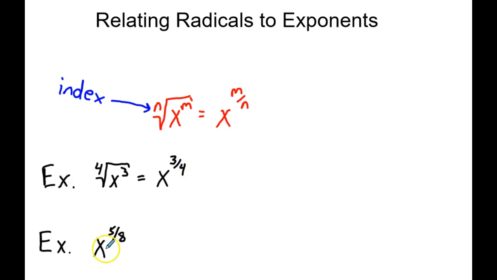Now in the second example, we have a fractional exponent. We want to rewrite this in radical form. So our denominator 8 is going to become the index on our radical. So we're taking the 8th root of x to the 5th power. So that's how you rewrite expressions from radical form to exponential form, or from exponent form to radical form.